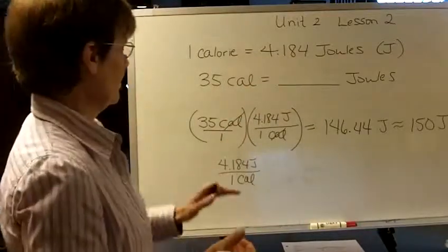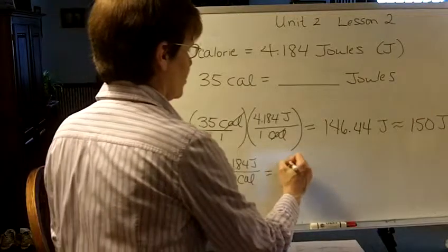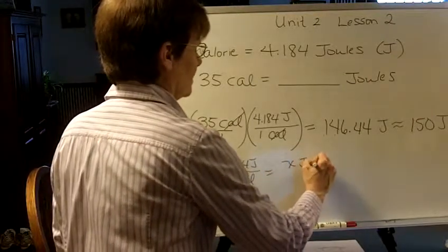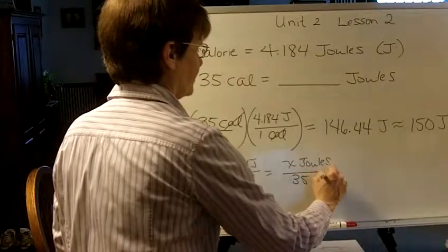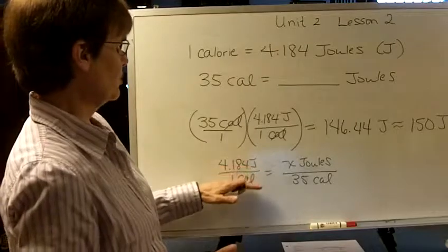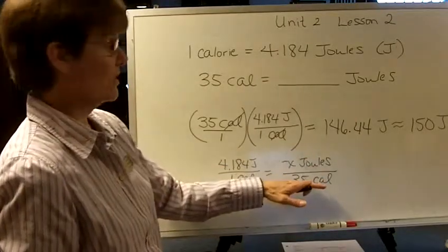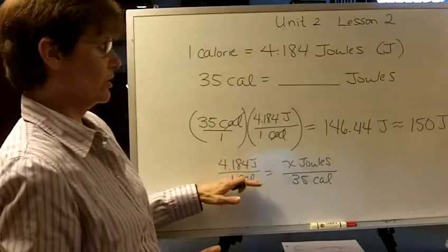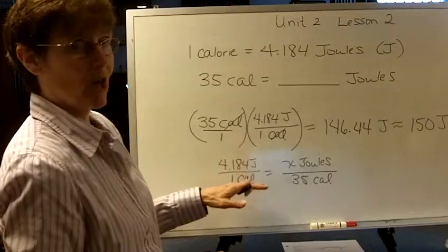We know that this is to this as x joules is to 35 calories. So it's the ratio method. 4.184 joules is to 1 calorie, as x joules is to 35 calories. We know that this ratio is correct, and so we want to make this ratio equal this ratio.